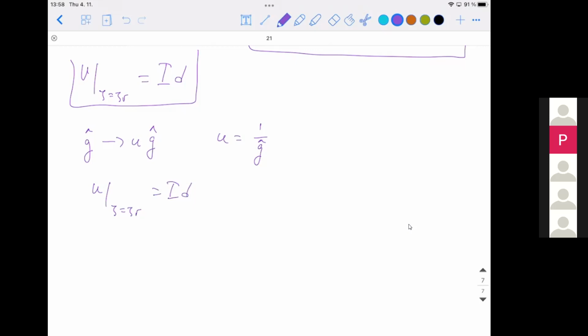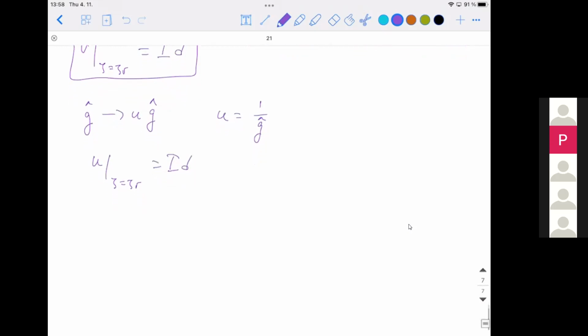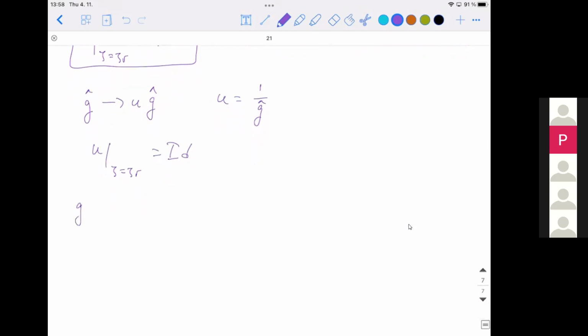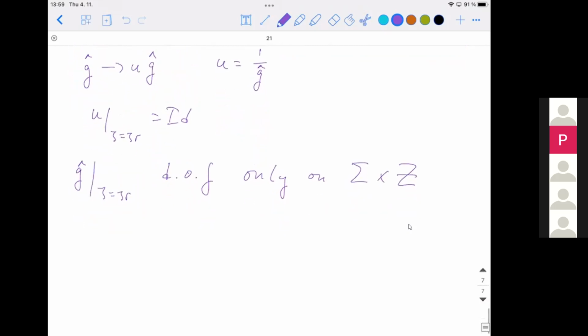So the only remaining gauge fields are at the poles actually. So we have G, these are the degrees of freedom only on the poles. So the physical degrees of freedom are located at the boundaries.